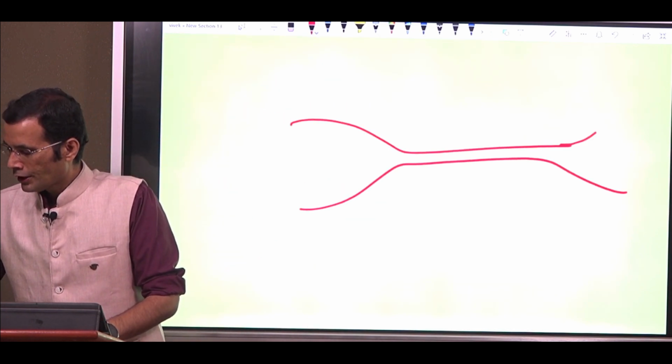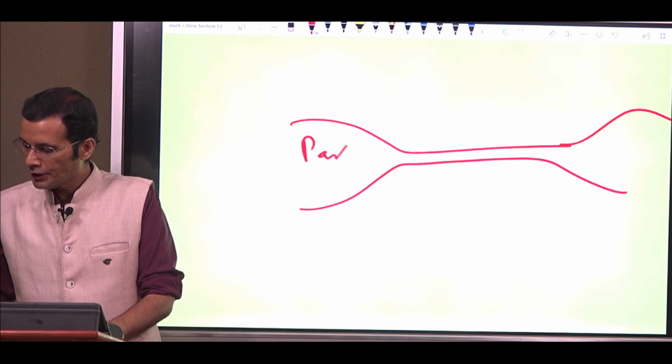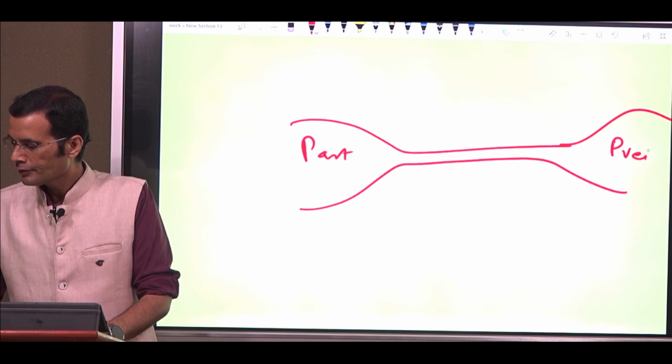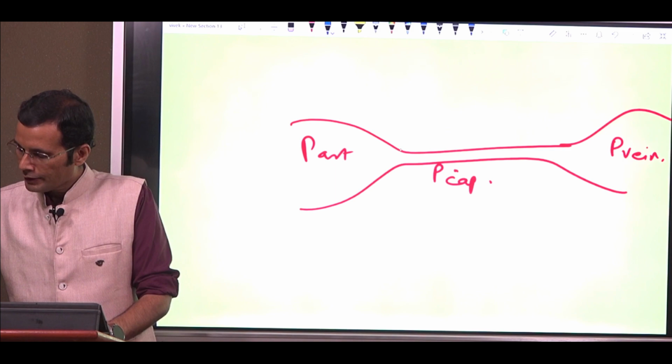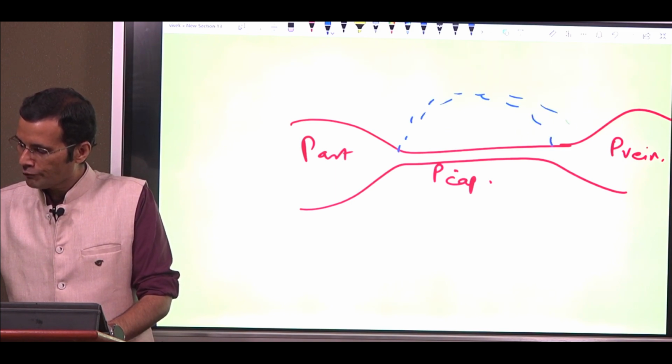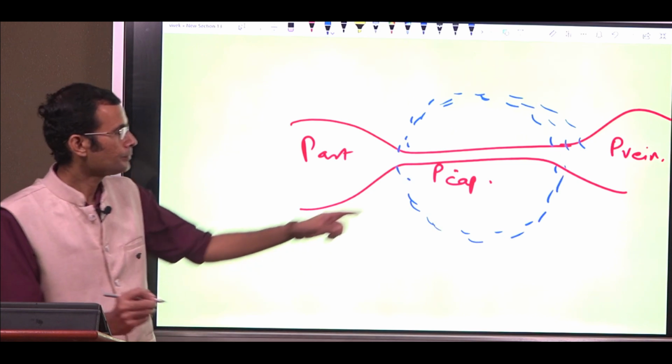Look, here is the pulmonary vasculature: pulmonary artery, pulmonary vein, and here is a pulmonary capillary, and alveoli surrounding the pulmonary vessels.